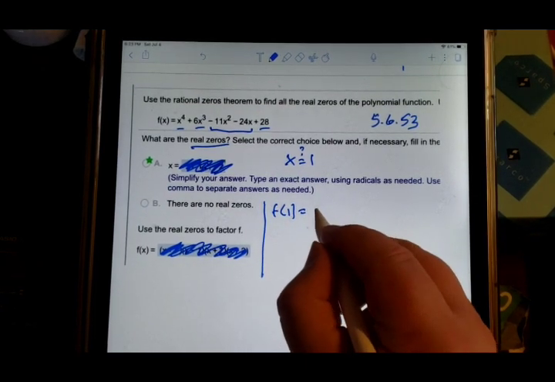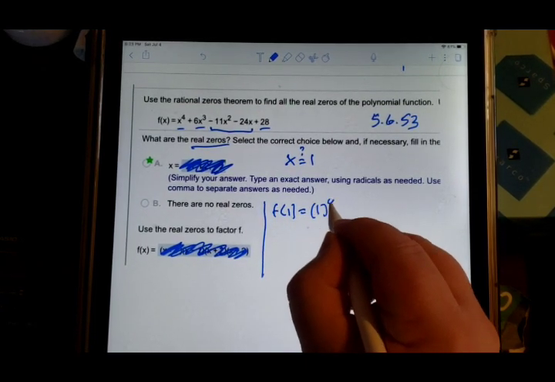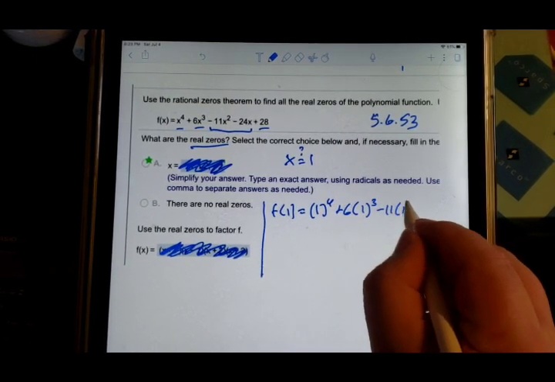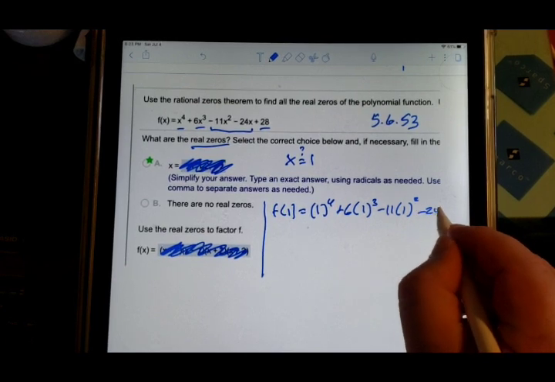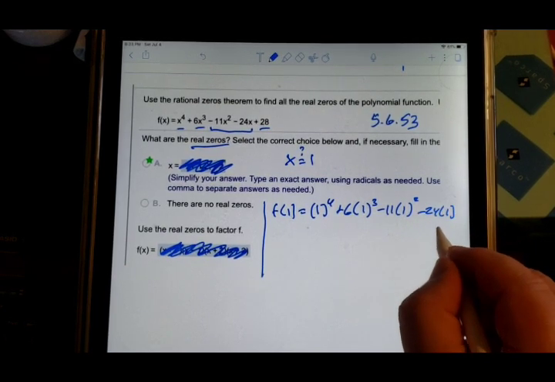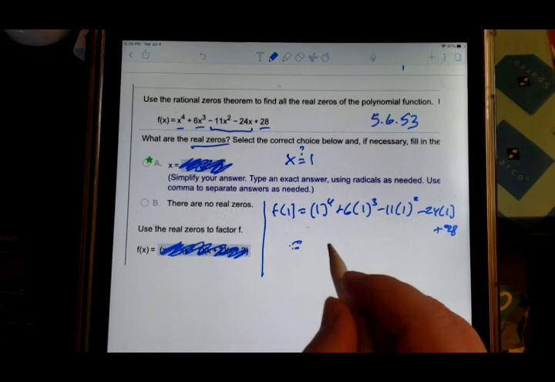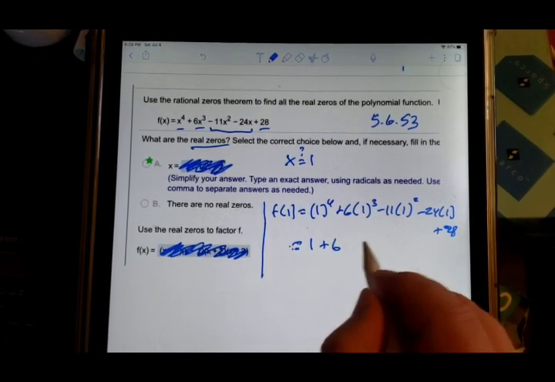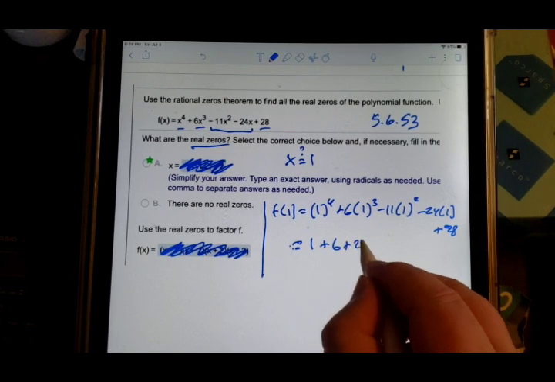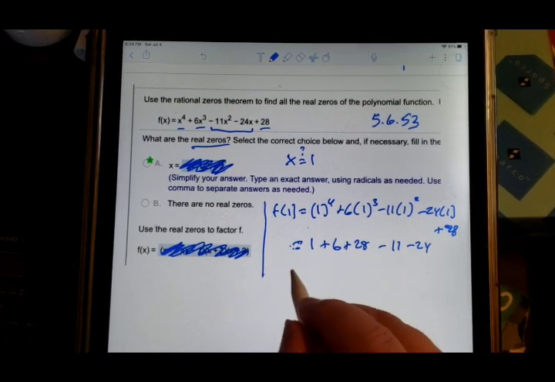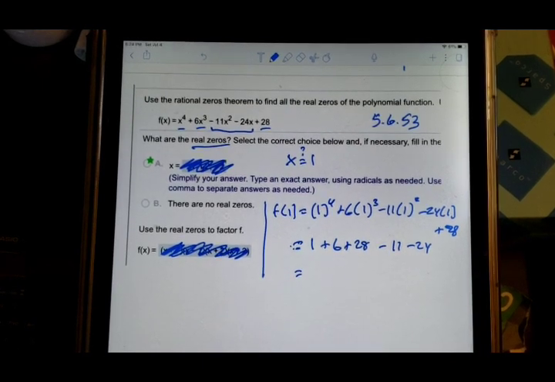F of 1 equals 1 to the 4th plus 6 times 1 cubed minus 11 times 1 squared minus 24 times 1 plus 28. And like I said, the positives are 1, 6, and 28, and the negatives are 11 and 24.